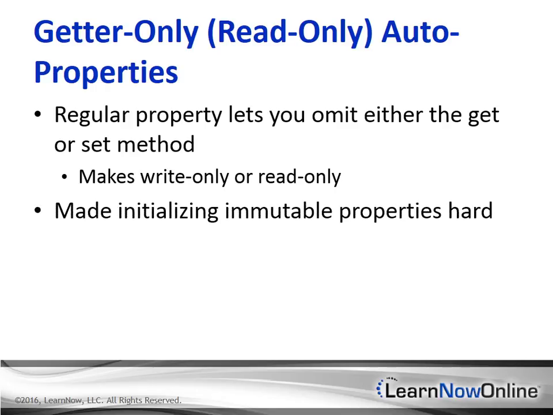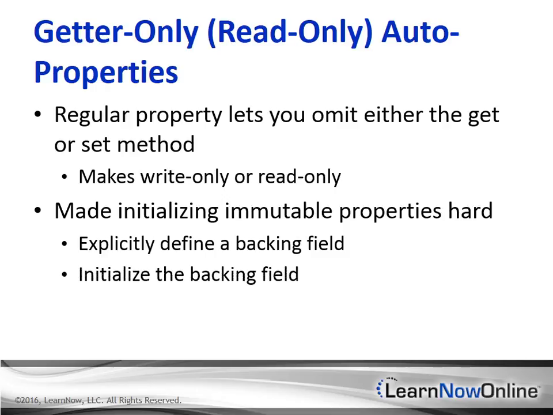Write-only properties are generally less useful, although they do have some obscure uses. But one of the problems with creating an immutable or read-only property used to be that in order to initialize the property, really the backing field, you'd have to do a few things. You'd first of all have to explicitly define a backing field, which kind of eliminates a lot of the reason for having automatic properties. You also have to initialize the backing field from within the class constructor.